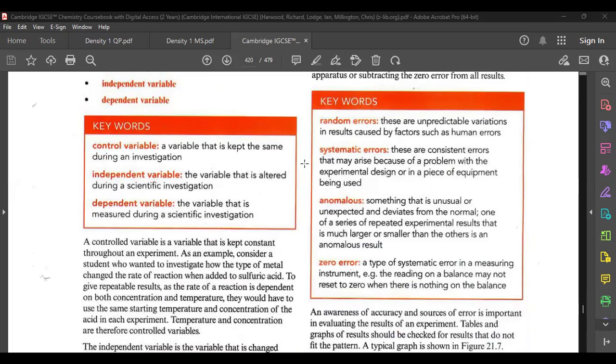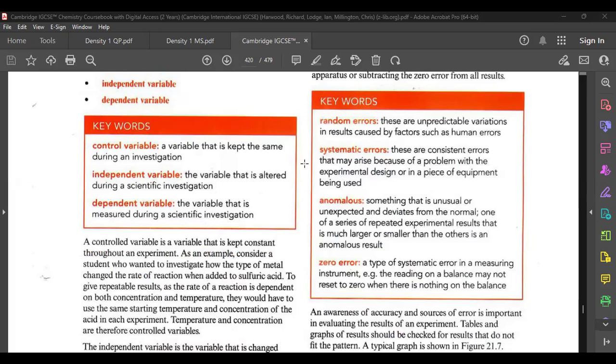Random errors are normally unpredictable. Let's say you are conducting an experiment and you have weak eyesight. You are unable to read the temperature values on the thermometer, or you are unable to read the calibrations properly.